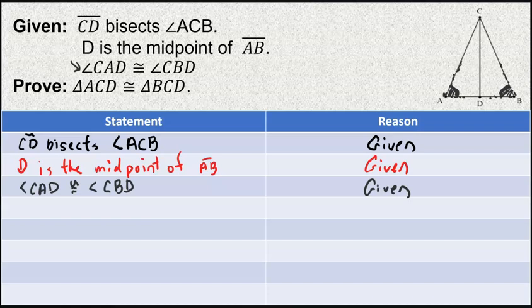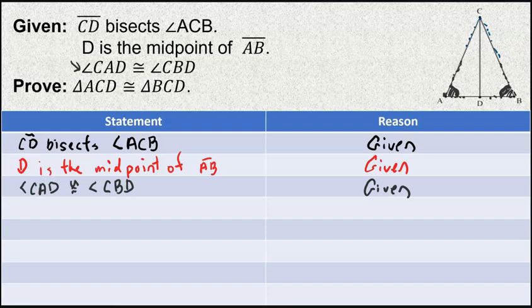I cannot use the reflexive side here. I'll discuss that in a second once I address the angle bisector. So the angle bisector is saying that this large angle at the top here, ACB, is being cut in half by line CD.